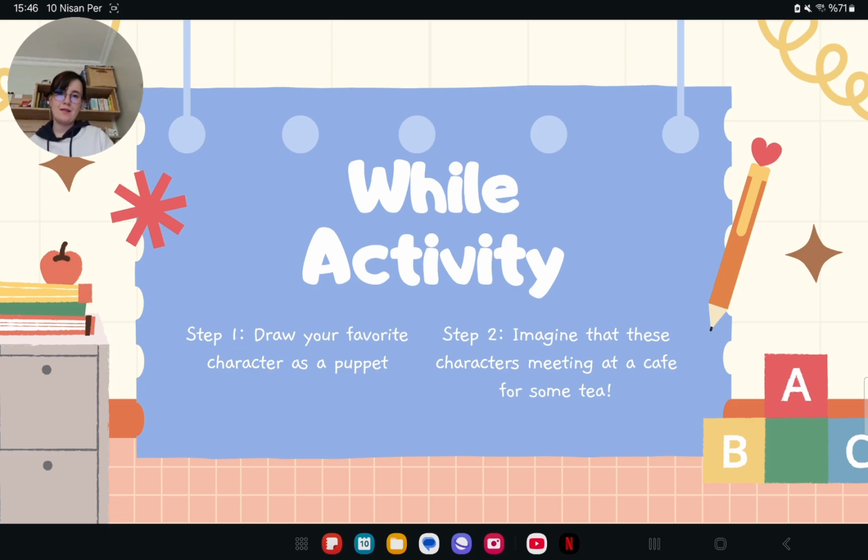So maybe you can help them size it around their paper so the puppet doesn't fall. Yeah, just keep in mind. I'm sure I don't need to say those things again and again, but just a heads up before we go on.